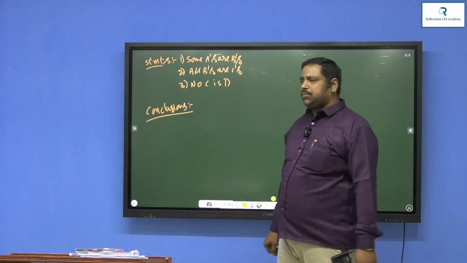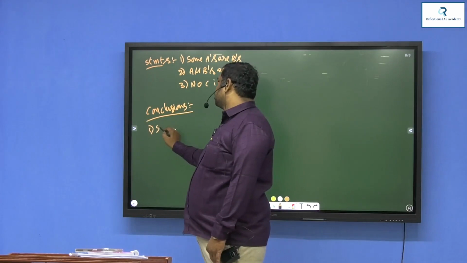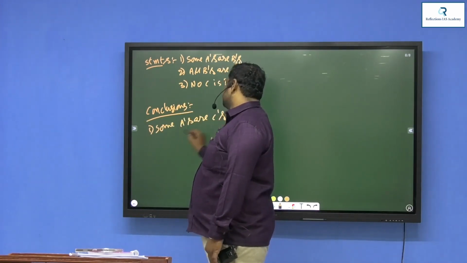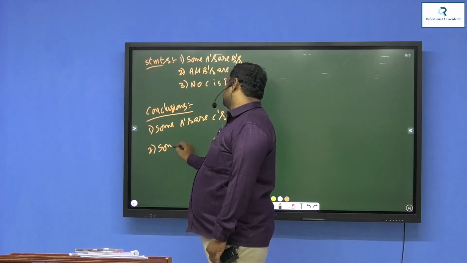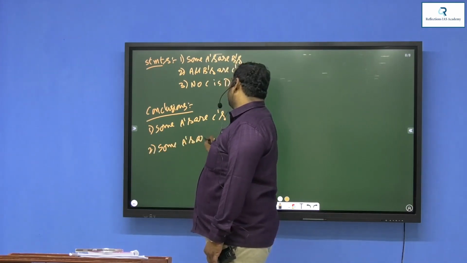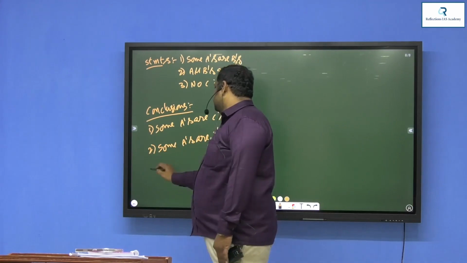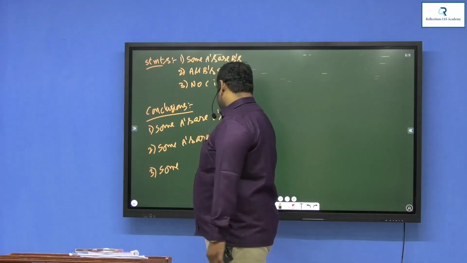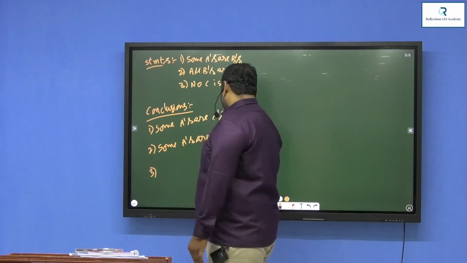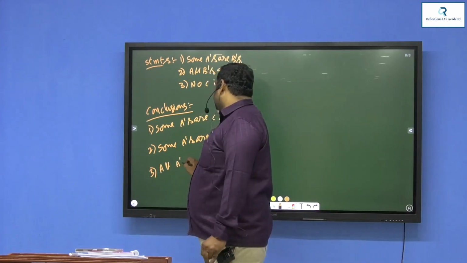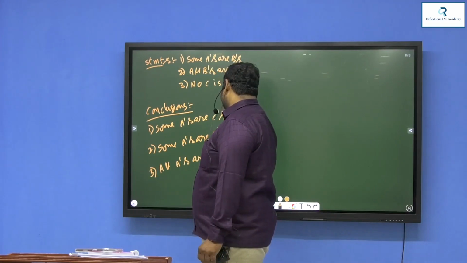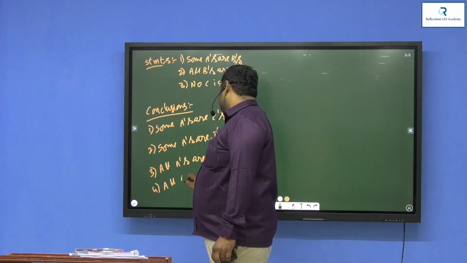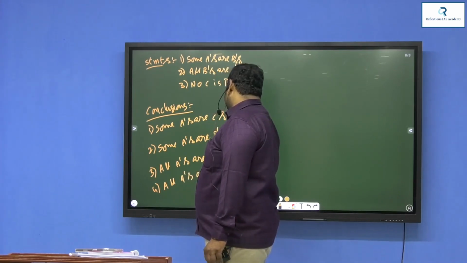Okay. So the first conclusion I am taking is, some A's are C's. Second one, some A's are D's. Third one, all A's are C's. Fourth one, all A's are D's.